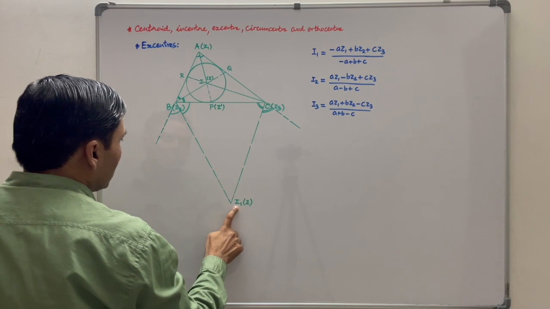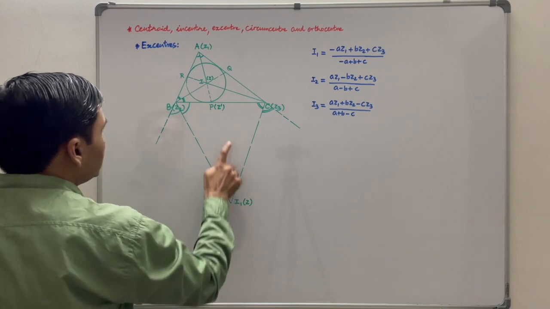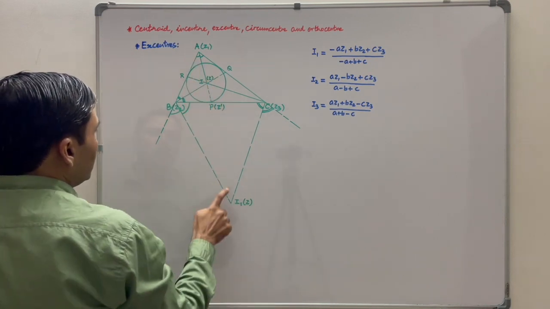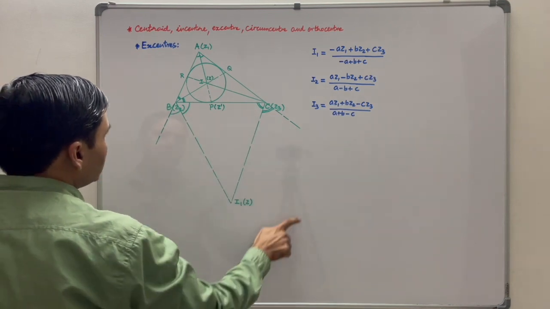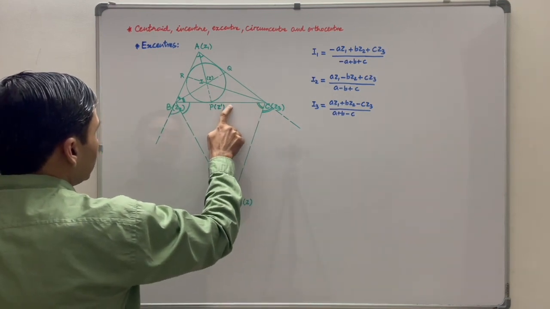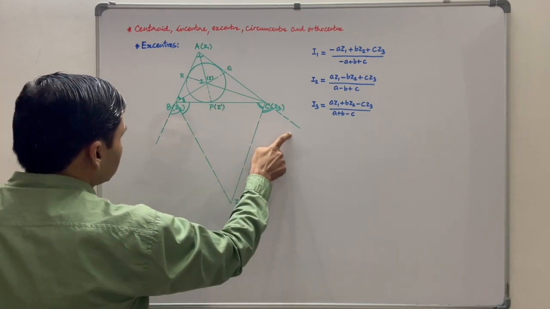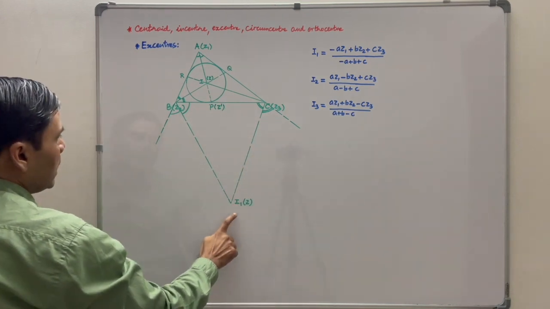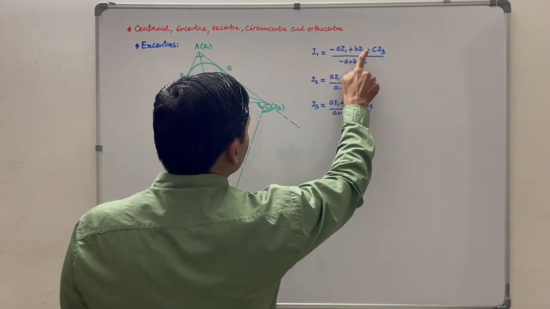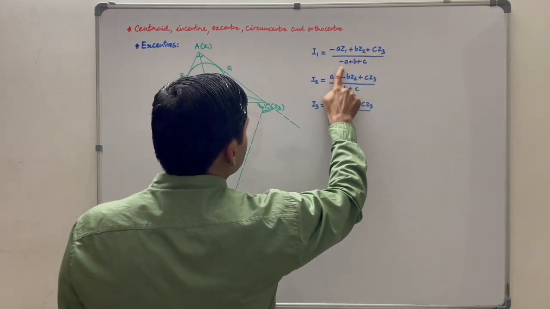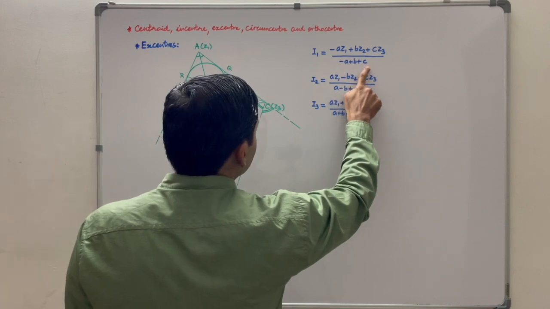So I1 is called the excenter opposite to angle A. We can make a big circle which will touch all three sides, this side and these two extended sides. So I1 is given by (minus a z1 plus b z2 plus c z3) upon (minus a plus b plus c).